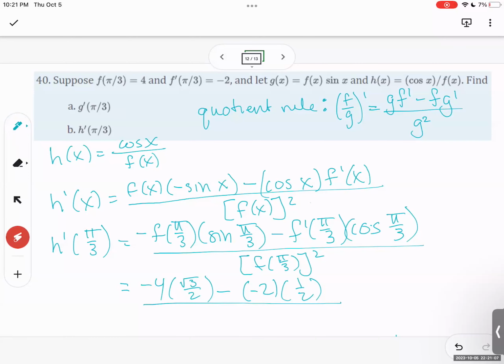All of this divided by f of pi over 3, which is 4, squared. So now we simplify. So we have minus 4 over 2 is negative 2 root 3, minus a negative becomes plus 2 times 1/2 is 1, over 16.